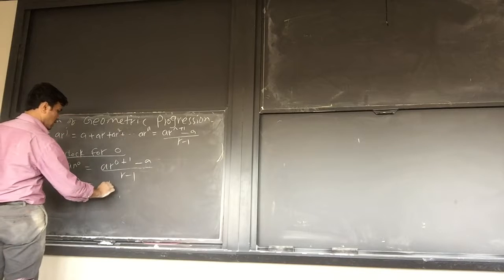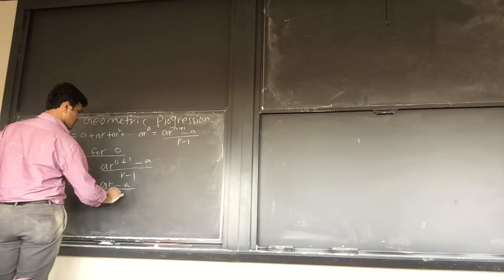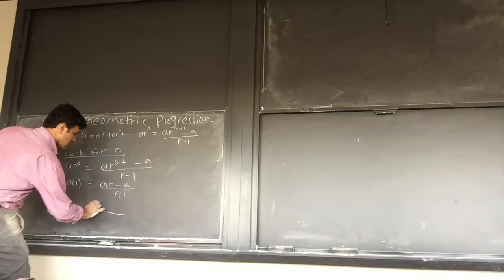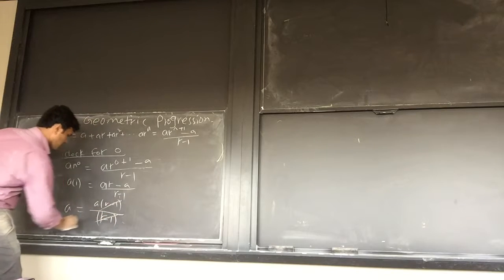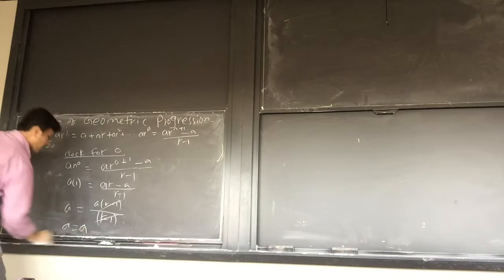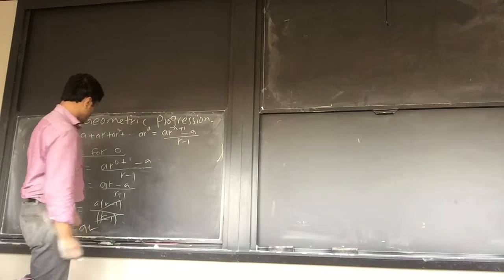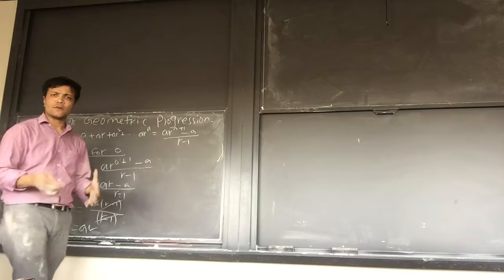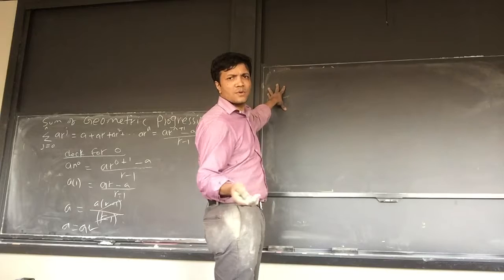So a r minus a is a times (r minus 1), and the r minus 1 cancels, so a is equal to a. So it works. If it works for any k, it should work for k plus 1. Now that's what we're going to check, whether it works for k plus 1.